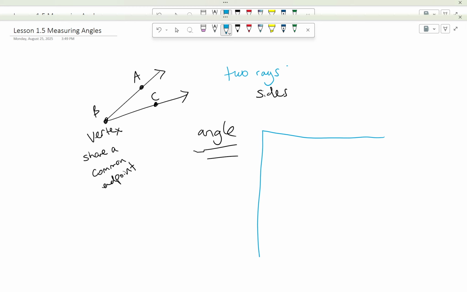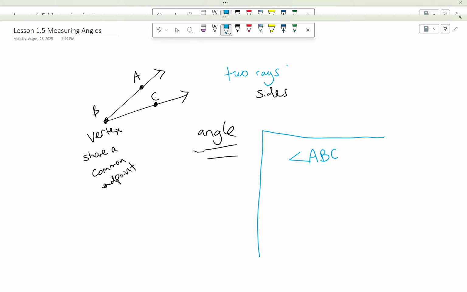We write the angle symbol, that little sideways symbol you'd also find on a keyboard next to the M key, where you hold shift. It looks like a less than sign. This is going to be angle ABC.